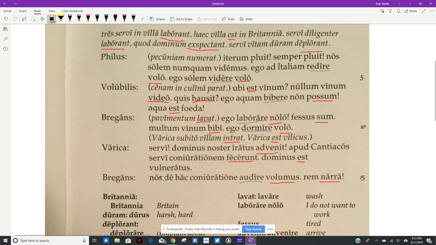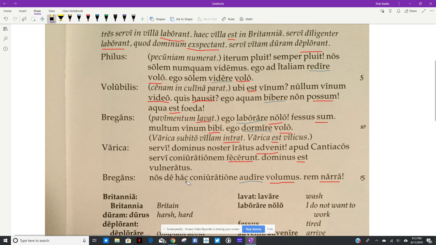And here's Breggins, who no doubt will make a good impression as he's drunk and cleaning the floor. Nos de hac coniuratione audire volumus, rem narra. So, nos, the verb is volumus. We want to do something, a complementary infinitive, audire, which is fourth conjugation. So we want to hear, and then just a prepositional phrase, de, about, hac coniuratione, about this conspiracy.